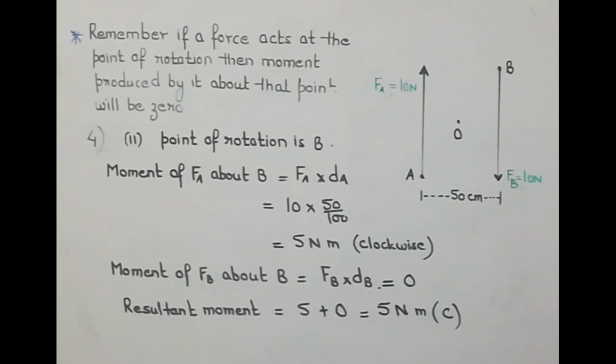Now coming to the third part. In the third part, they have asked you to calculate the resultant moment of these two forces about the point O. And what is O representing over here? O is representing the midpoint.